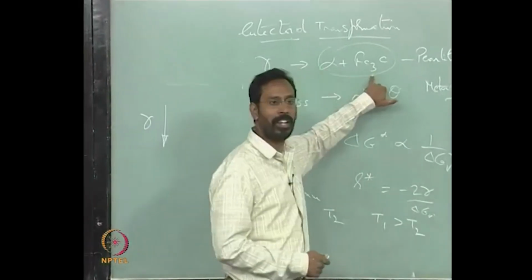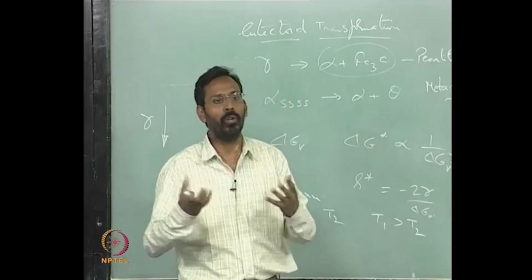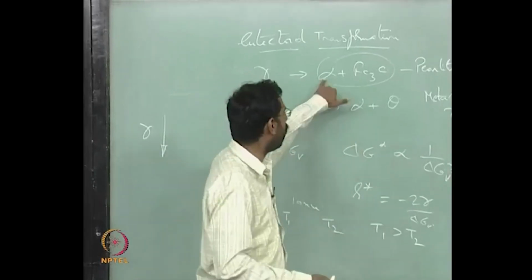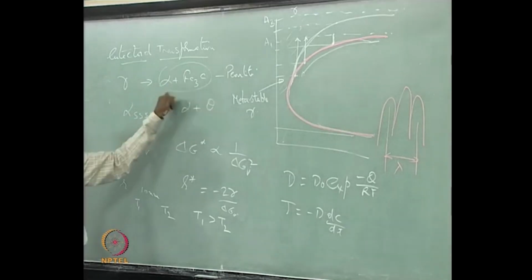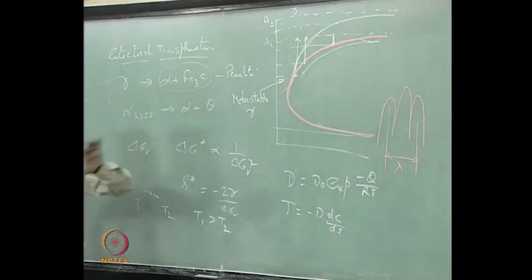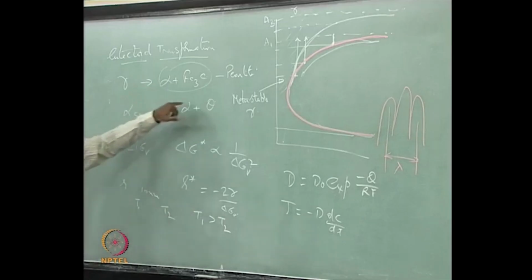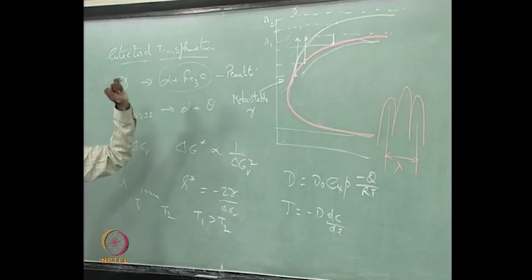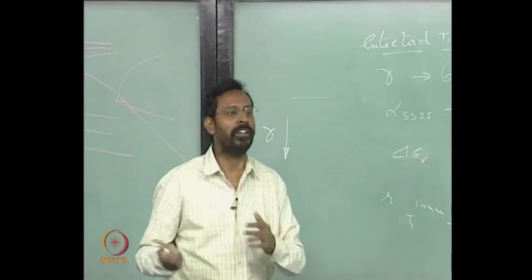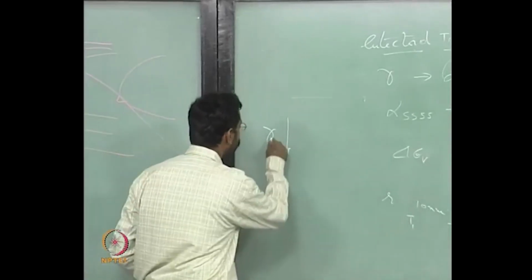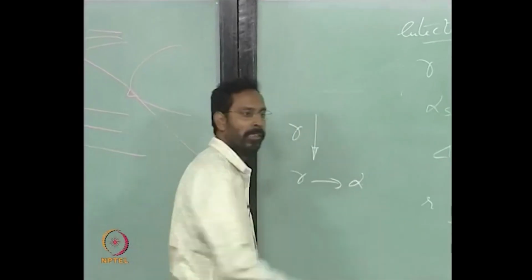For alpha plus Fe3C to nucleate is becoming very difficult, because alpha has entirely a different structure and gamma, Fe3C has a different structure, compositions are different. So that means you need to have partitioning taking place. Carbon atoms have to go into the Fe3C and get depleted in the alpha. So that means you need a long range diffusion to occur. So instead what happens is, there will be a short range diffusion and transformation takes place. What is that transformation? You will see gamma transforms to alpha.